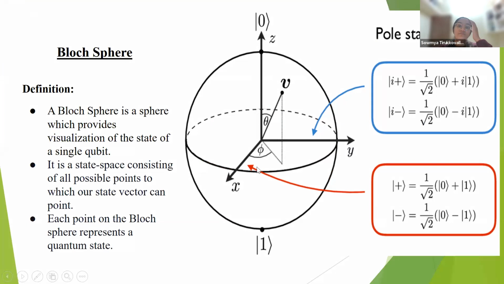For example, there's a qubit which is in state 1. When you apply a Hadamard gate, it will flip to the minus state, which is halfway between state 0 and state 1. It's a superposition. The only difference between the plus state and the minus state is the relative phase, which is represented by the negative sign.